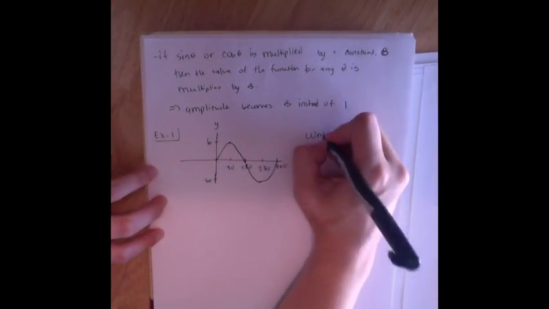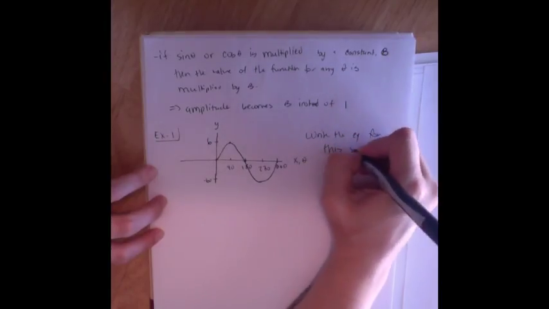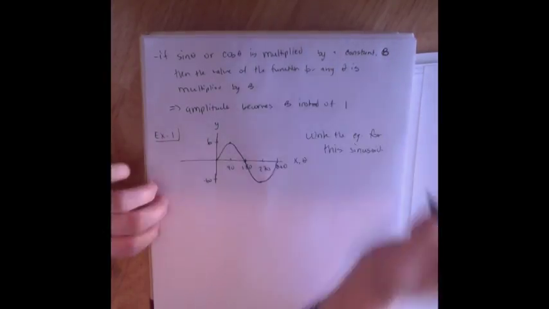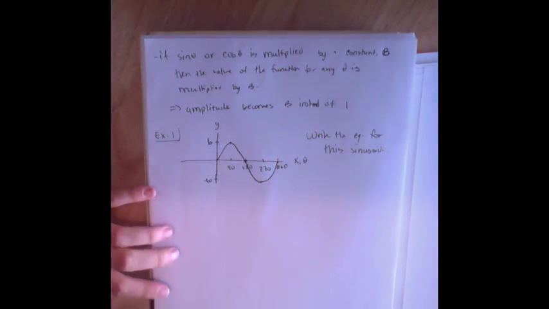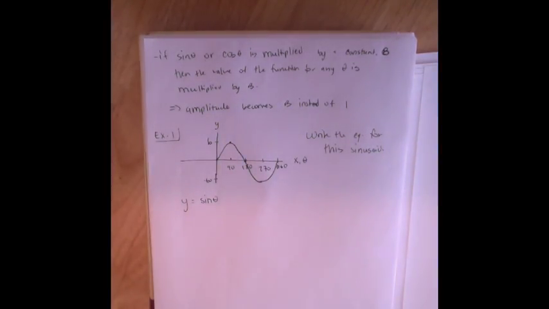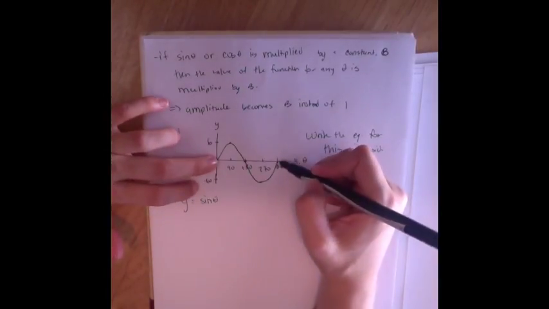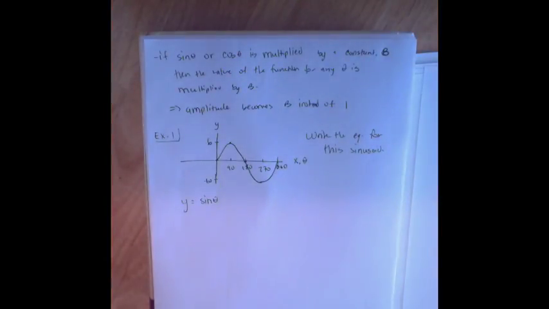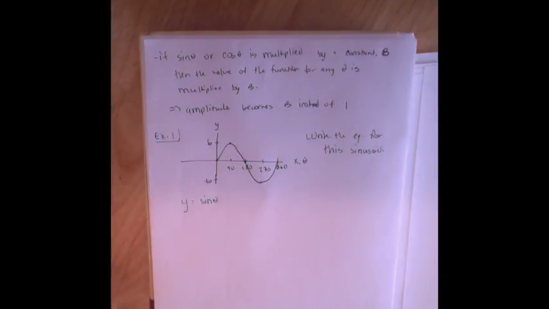We want to write the equation for this sinusoid. So the first thing you have to do is identify, is this a sine graph or a cosine graph? Now it's going through the origin, so we know that this is going to be a sine graph. Now we look at the period, 0 to 360, that's the same, so we're good. Let's look at the amplitude. Instead of 1, we now have 6.